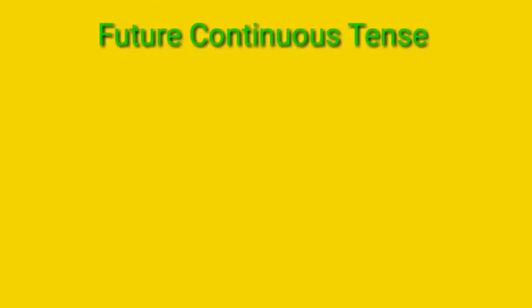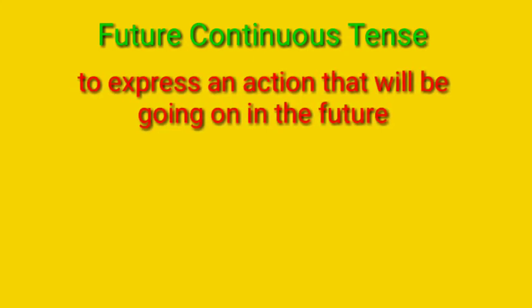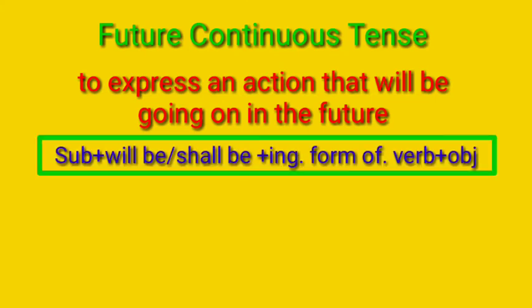We use future continuous tense to express an action that will be going on or continuing at some point of time in the future. Okay. The form of future continuous tense is subject plus will be or shall be plus ing form of the verb plus object.